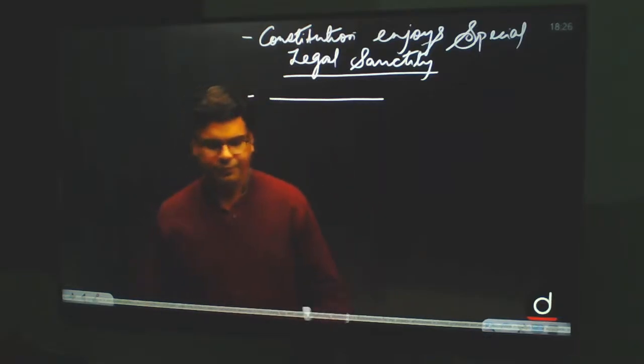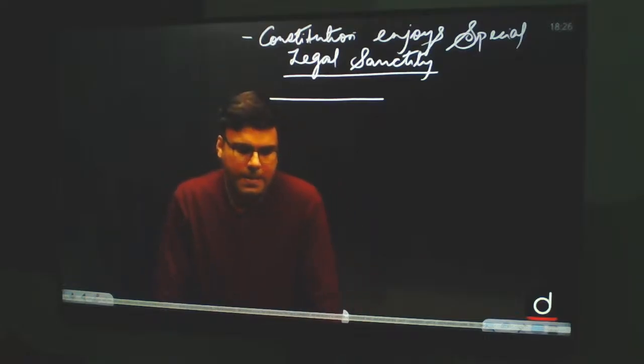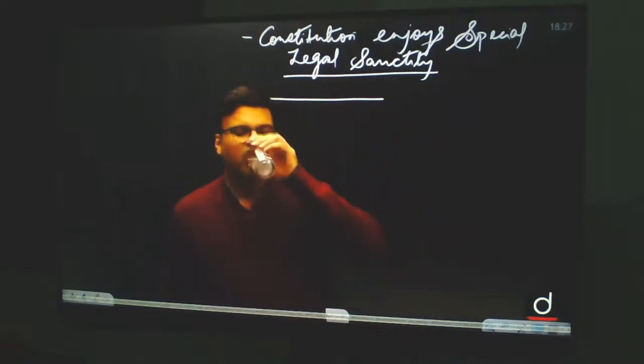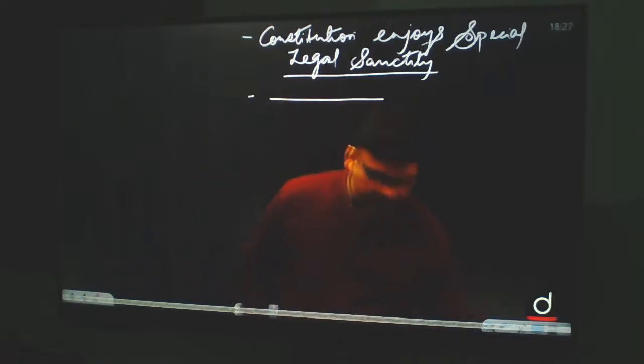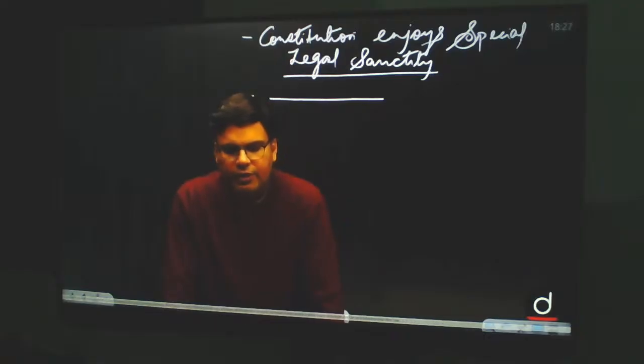On the other hand, the institutions of the state, like legislature, executive and judiciary, derive their power and authority from the Constitution.